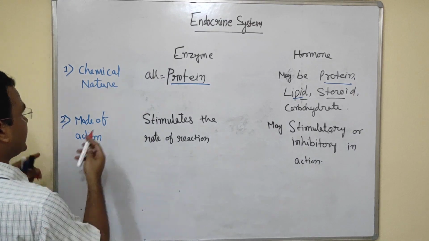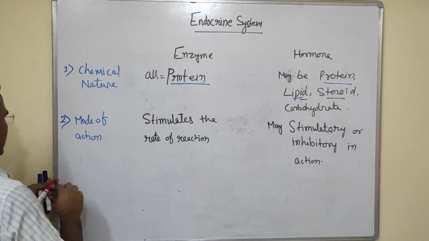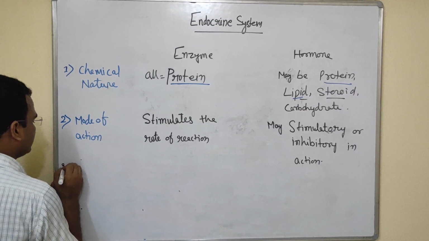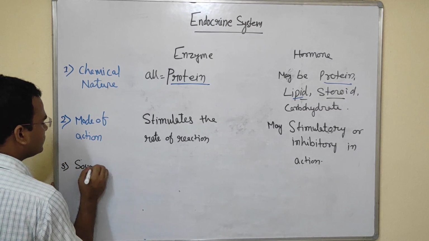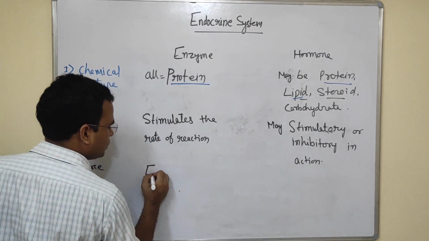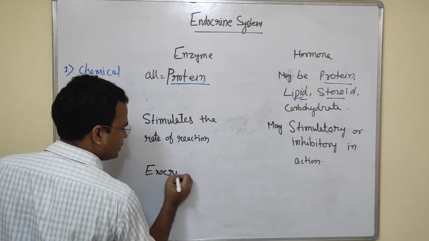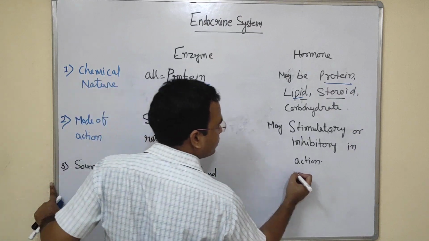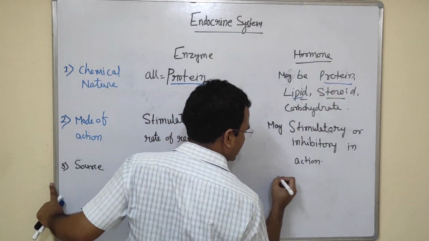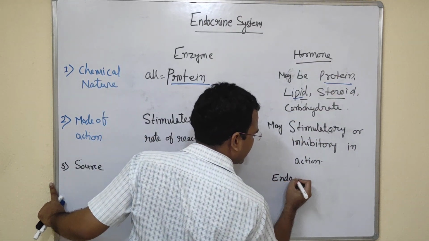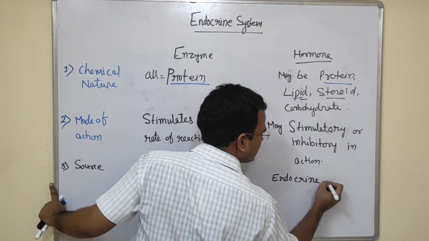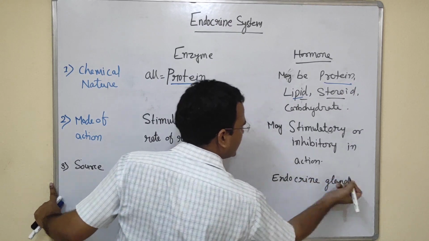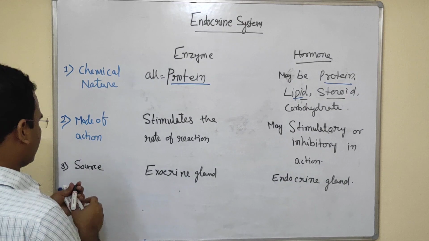The third parameter is the source. The source of enzymes is the exocrine gland. The source of hormones is the endocrine gland. So you can understand very clearly.